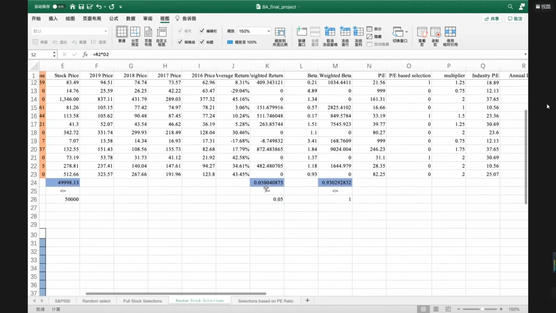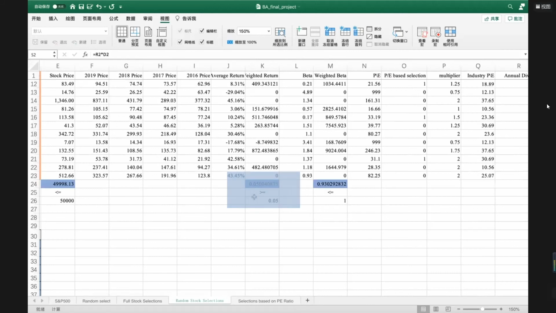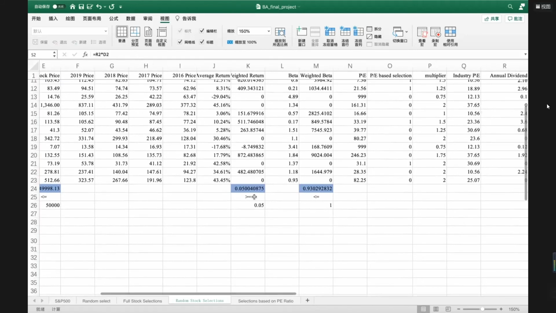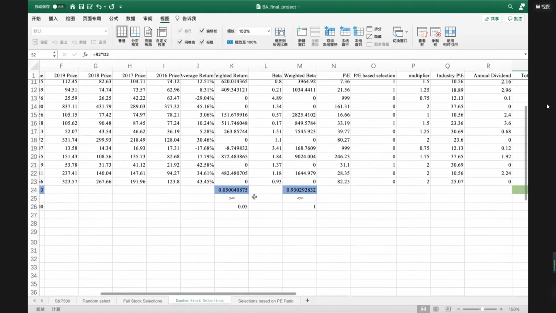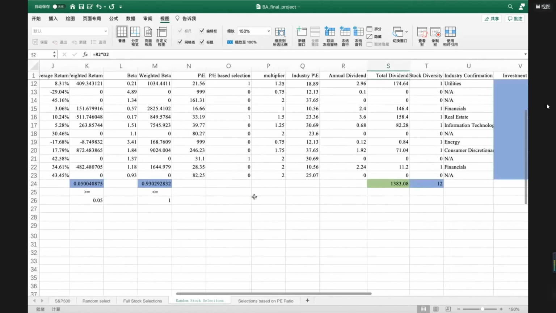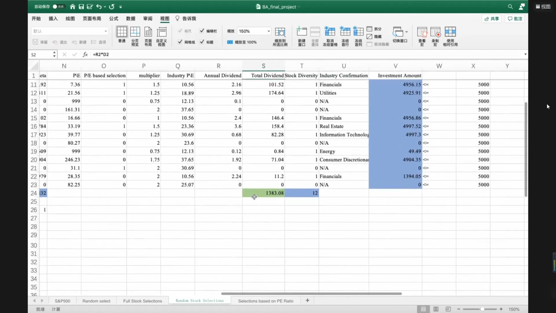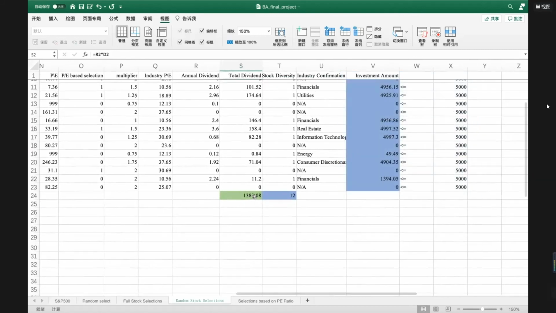The third constraint, the total weighted return, is greater than or equal to 0.05 or 5%. The fourth constraint, we have total weighted beta is smaller than or equal to 1 to keep the variability not too large. Our fifth constraint is saying the investment value of each stock is less than or equal to $5,000.